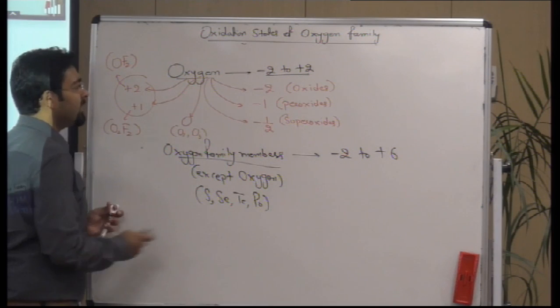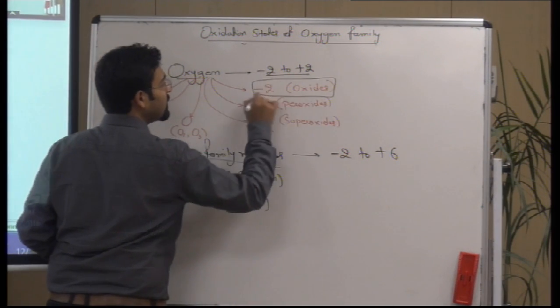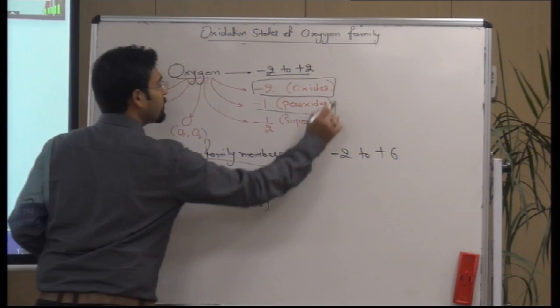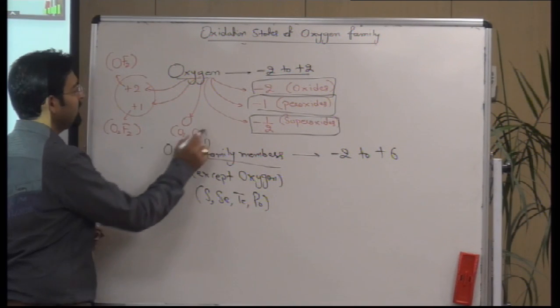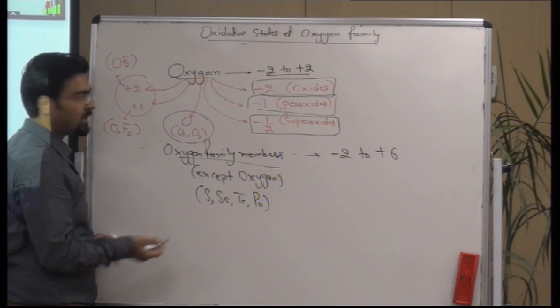In most of the cases, it keeps -2 as the oxidation state. In some compounds, -1. In very few compounds, it forms superoxide, so that's -0.5. 0, it's there in the pure elemental form.